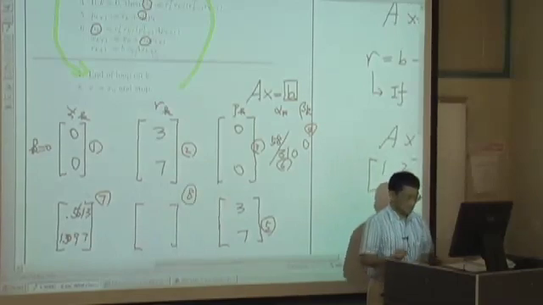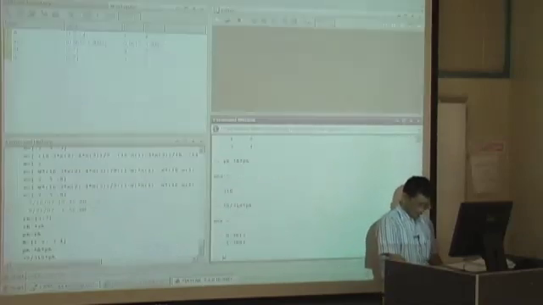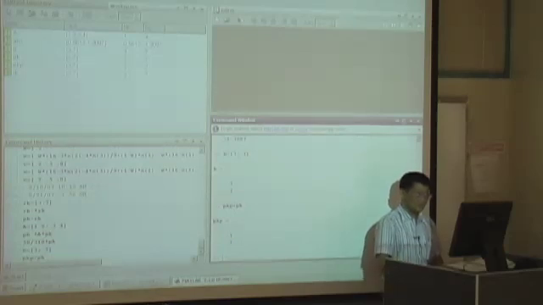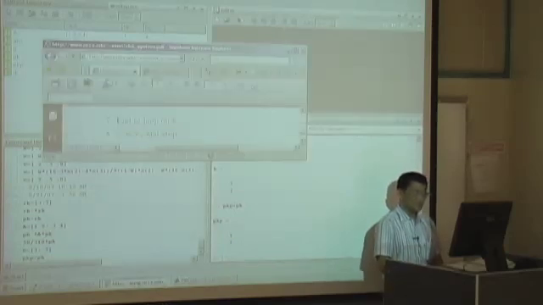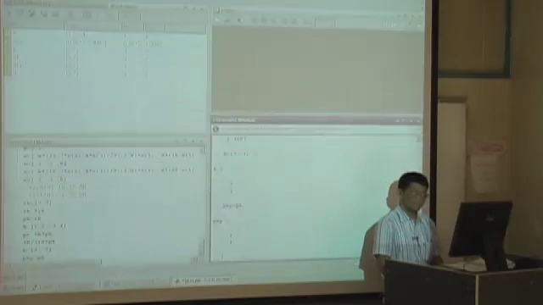B minus this thing. So I will implement everything. B is 3, 7. B is this one. And then pk plus 1 should have been used. In any case, this is now set. Then I will do the calculation like B minus A multiplied by X K plus 1, right? I will call this X.